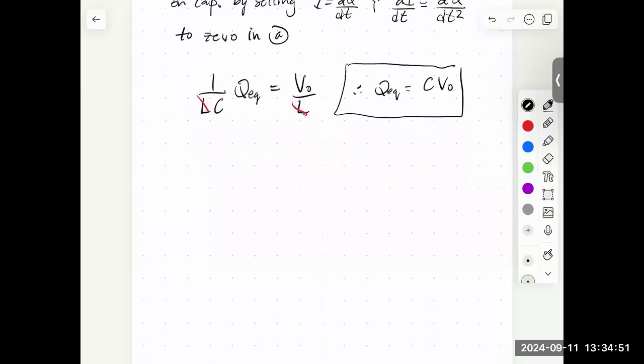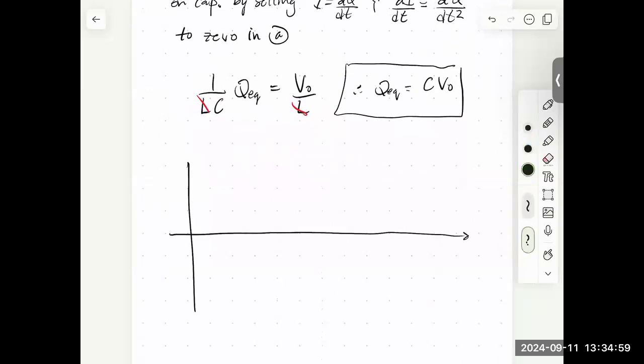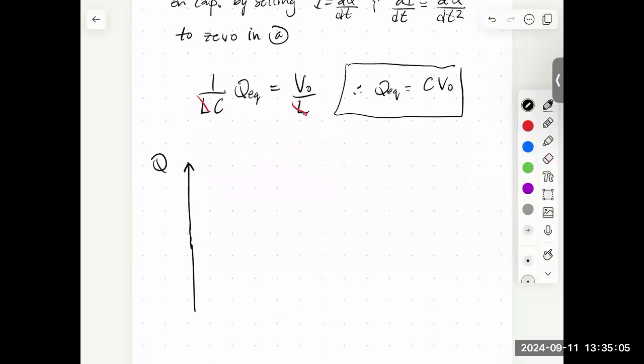Okay, and so if we were to plot as a function of time the charge on our capacitor, I'm going to move my axis a little bit here. Here's Q, here's our time. Something like that.